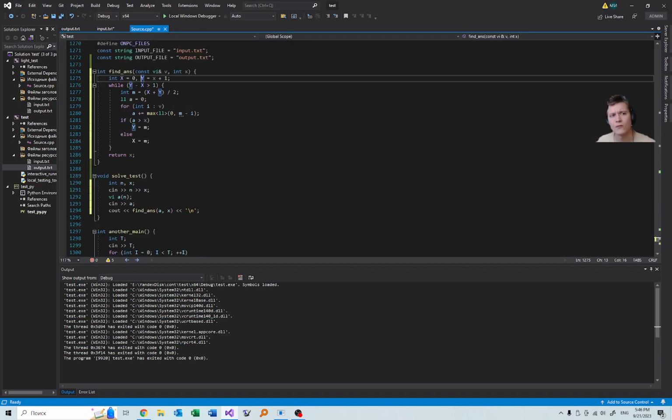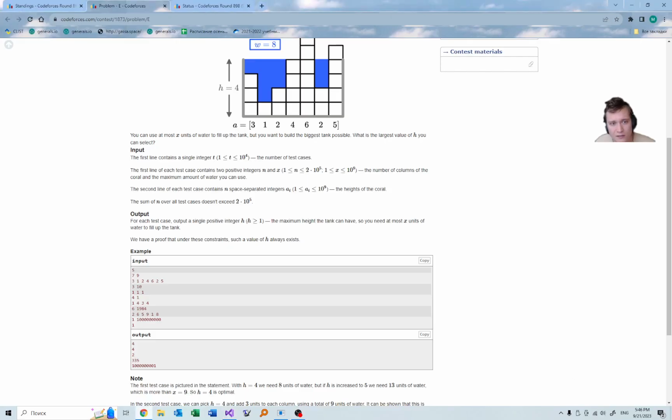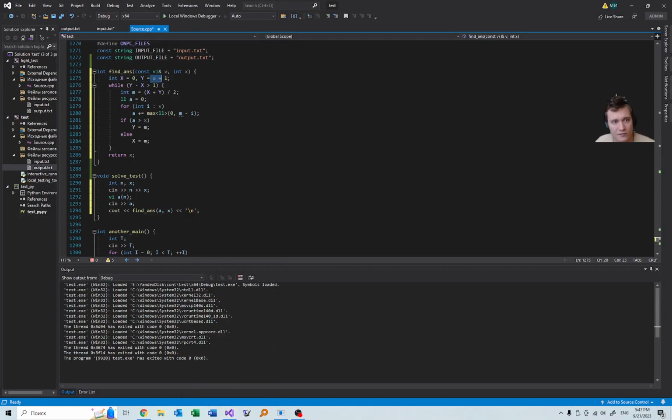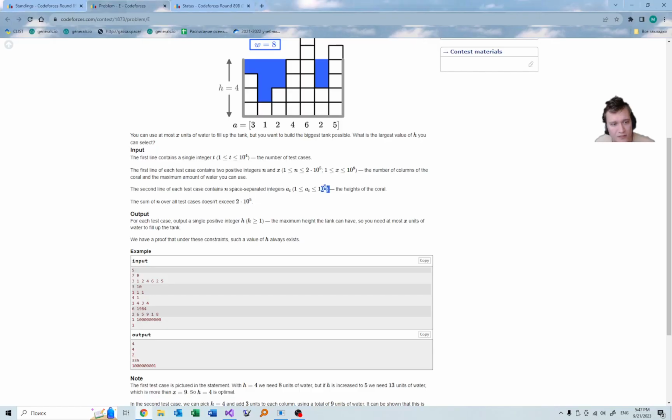Actually, I was wrong. Y is not x plus 1. Y is like, what? It's like 10 to the 9th plus 10 to the 9th. I believe it is 2 times x. Okay, let it be just 2 in 9. That's it. In this case, we need long here. Great, we are fine now.